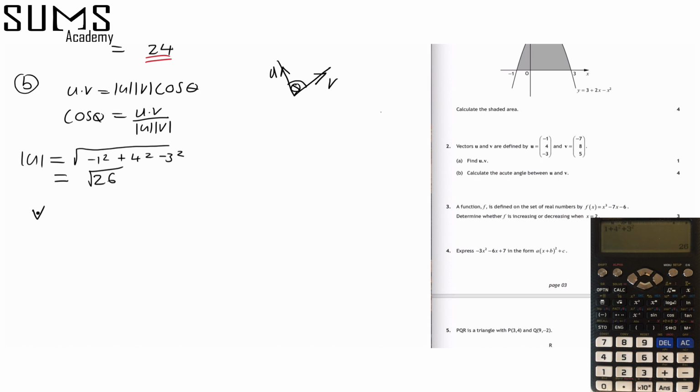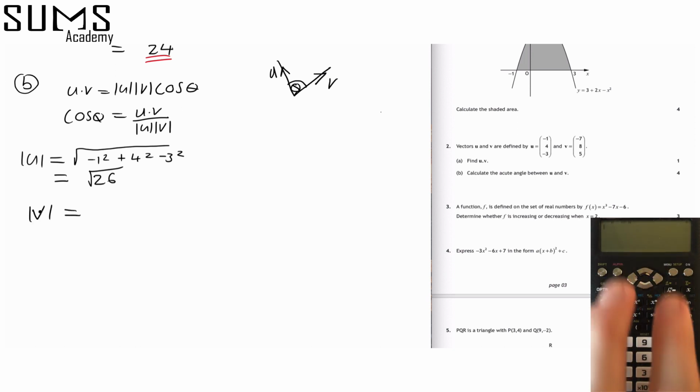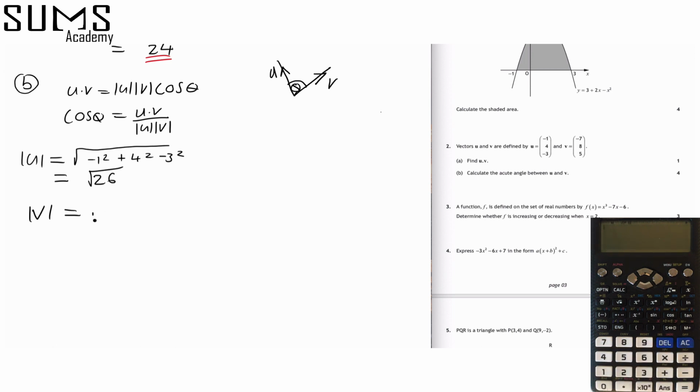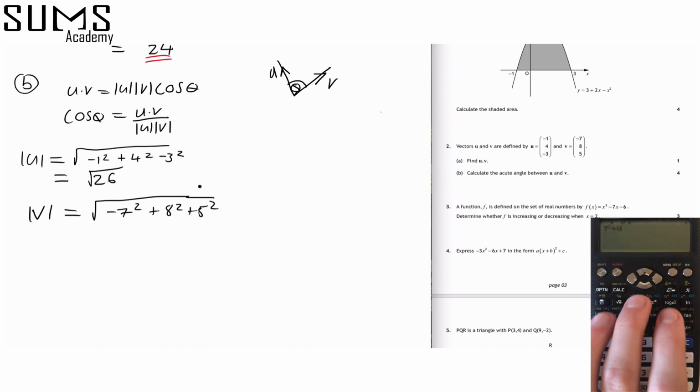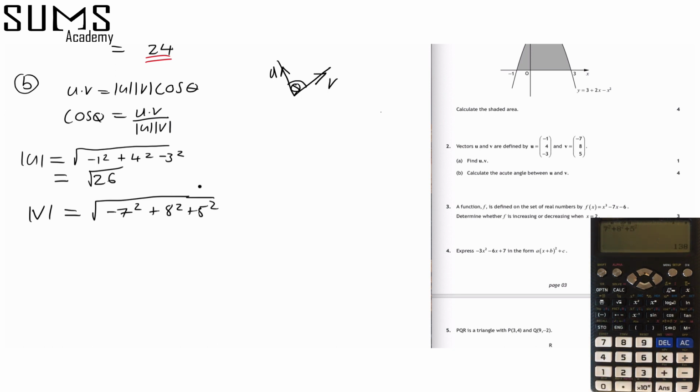And for v, I'm going to do the square root of negative 7 squared plus 8 squared plus 5 squared. 7 squared plus 8 squared plus 5 squared equals 138.